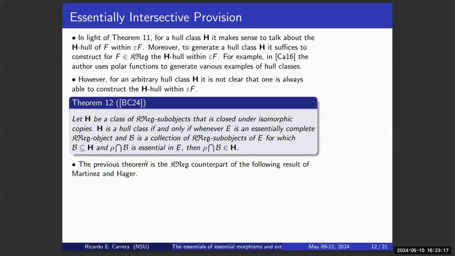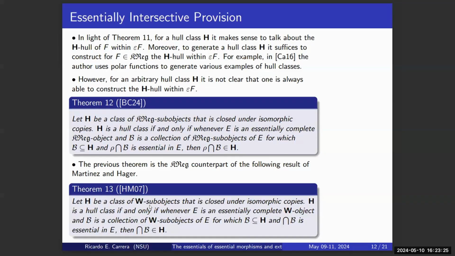Okay. All right, so the previous theorem is the kReg counterpart of the following result from Martinez and Hager, which says the following. Let H be a class of W subobjects that is closed under isomorphic copies.